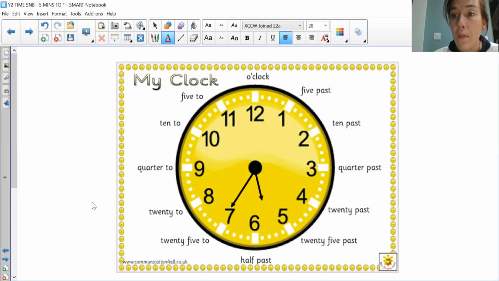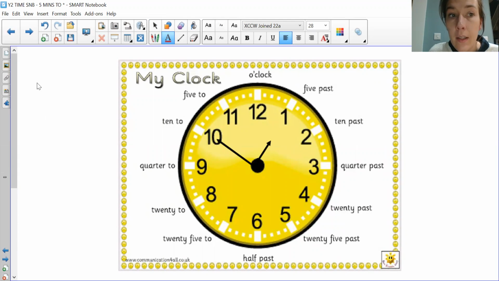So that time shown there, everybody, is 25 minutes to 6. 25 minutes until that hour hand moves directly over the 6 and that long minute hand is up at the o'clock. So that time would be 25 to 6. I can write it like that.